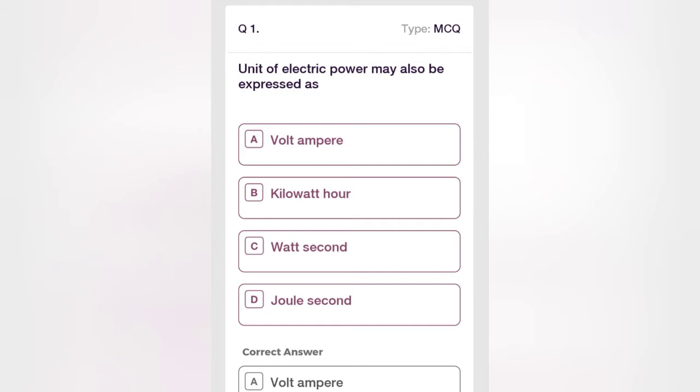First option volt ampere, second option kilowatt hour, third option watt second, and fourth option joule second. See, we know the expression for power P is equal to V into I. The unit for potential difference is V and for current is ampere.